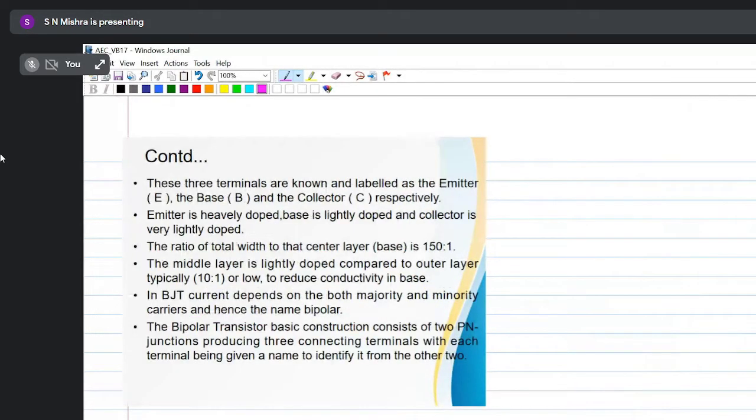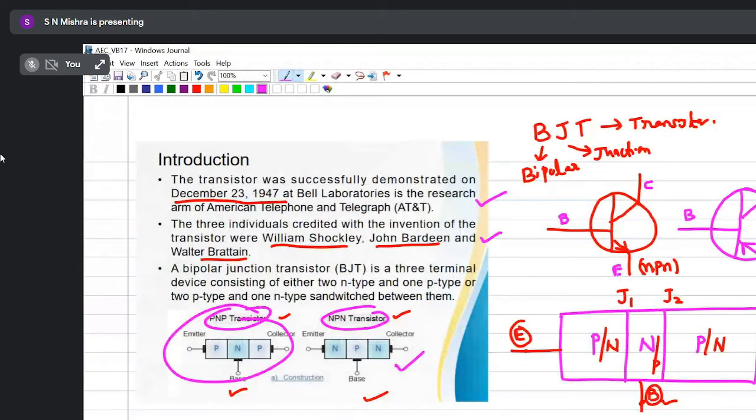Next, we'll see some important points regarding this transistor. Very important. You may get different short questions from here. First of all, we'll see why it is called a bipolar junction transistor. Bi means two, polar means type of charge carrier.